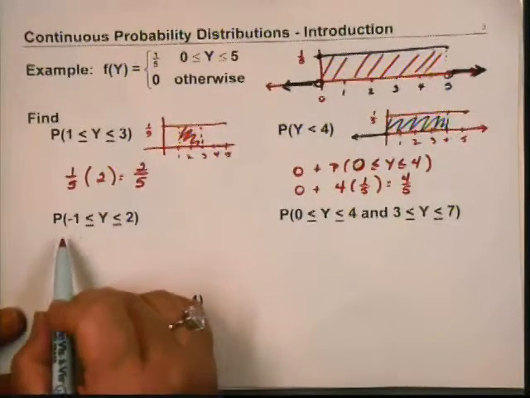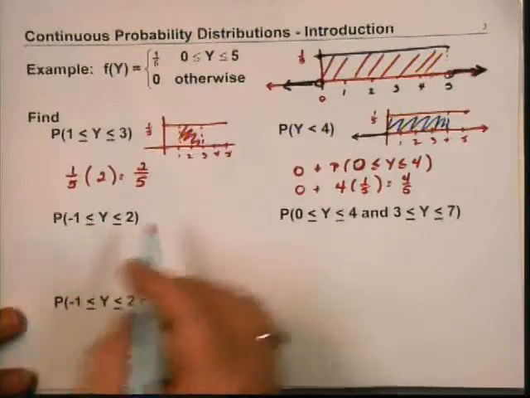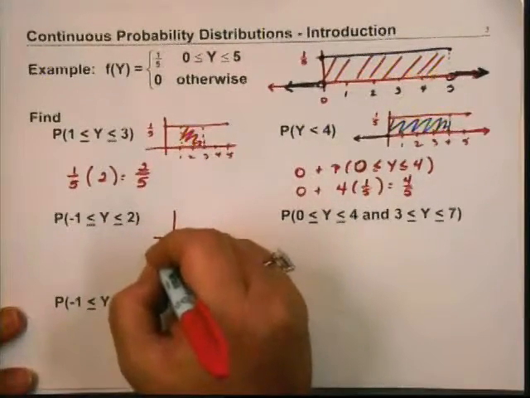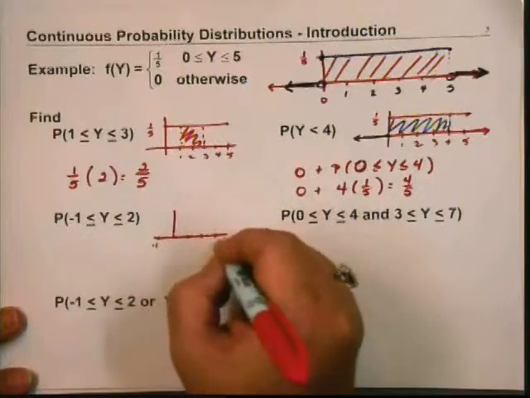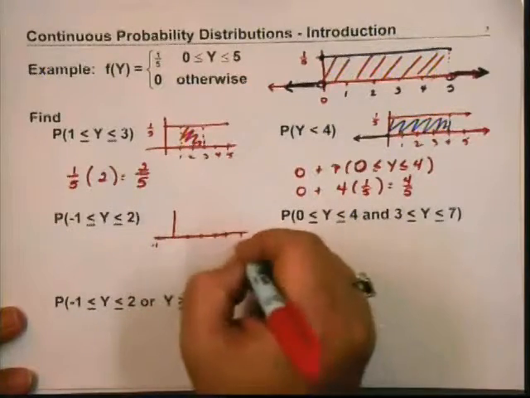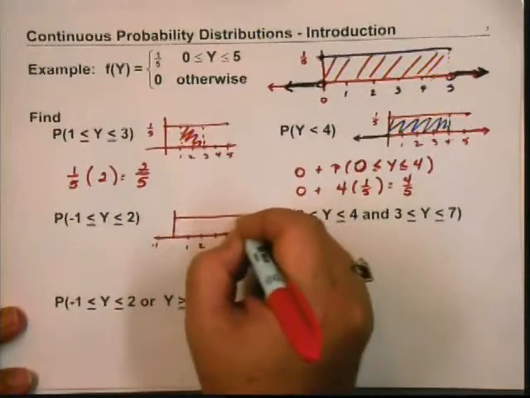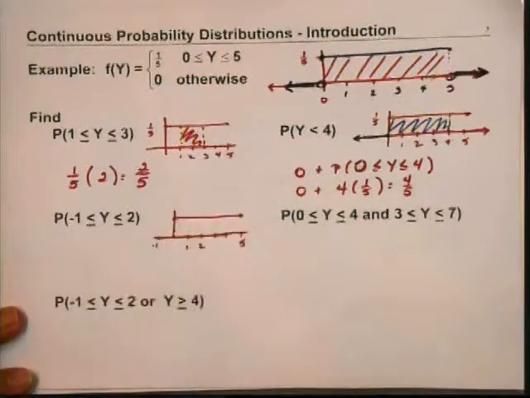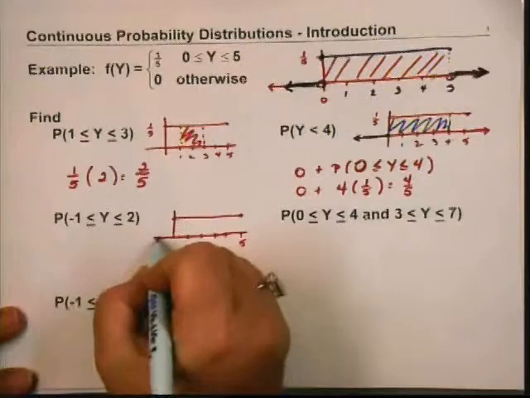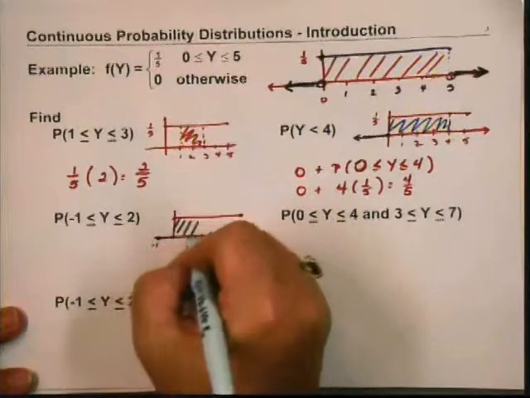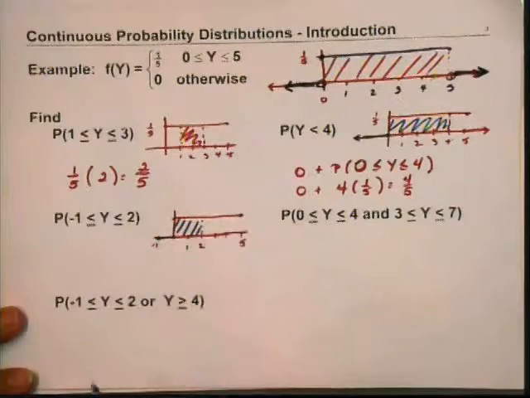On the probability that y is between -1 and +2, drawing f of y again, we're looking at -1 to 0, and then from 0 to +2.